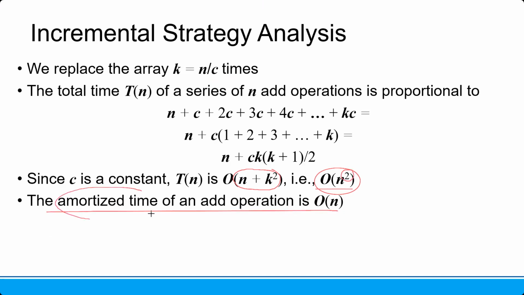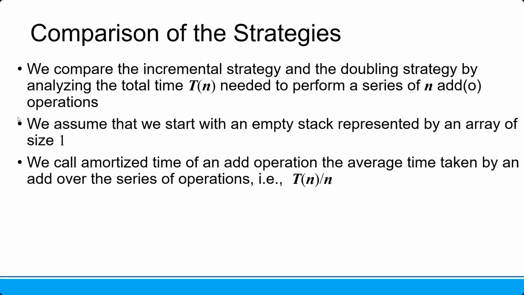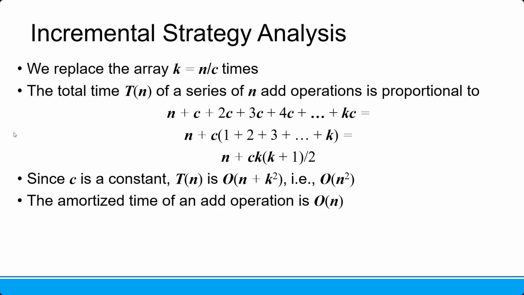What is amortized time? The amortized time is the formula Tn divided by n, and we call this the amortized time or the average time to add elements with the incremental strategy with c.